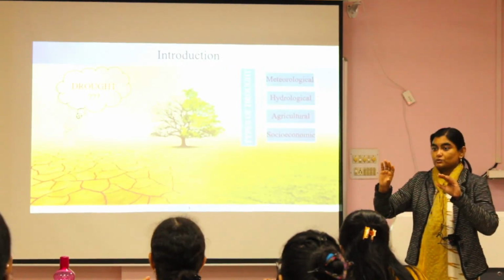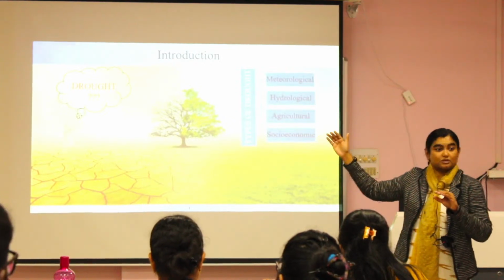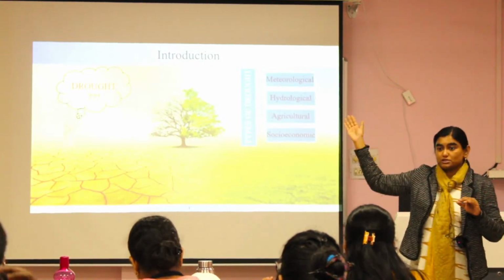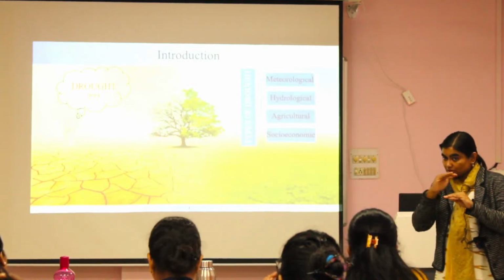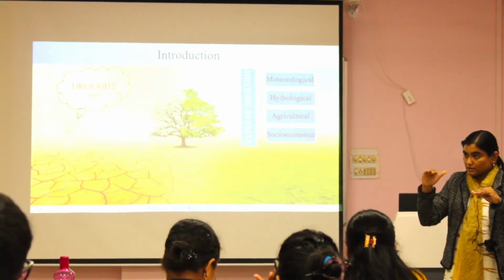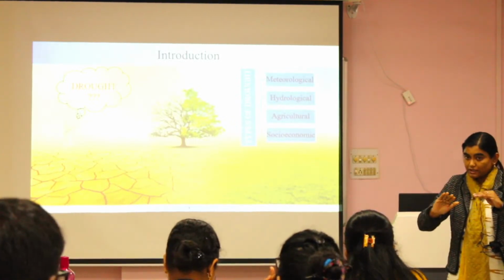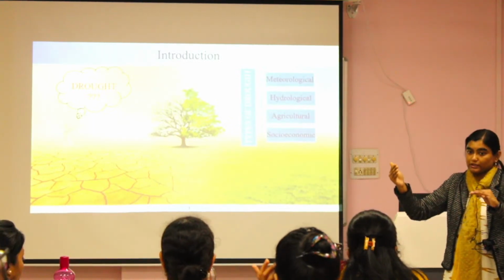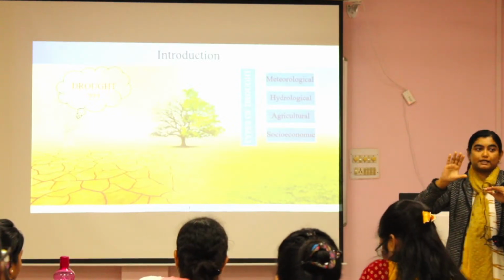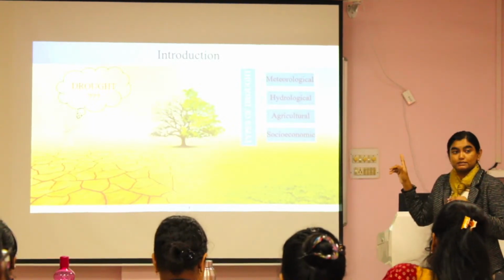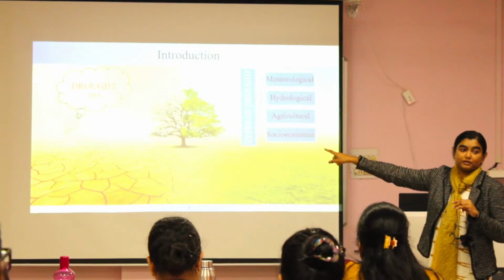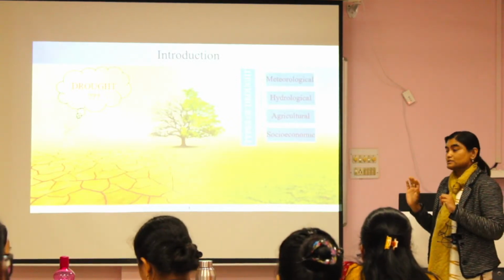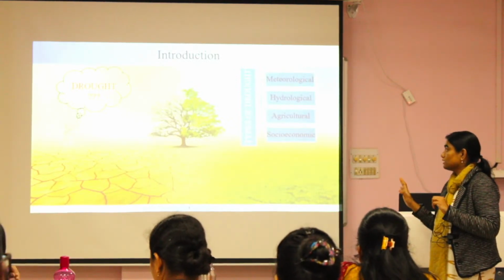Some values may be in the extreme range, which means extreme situations. Some cutoff can be there which tells us the difference between a normal condition and an abnormally dry or abnormally wet condition. So there are categories for drought indices which will help us to study drought. So this is the basic idea about drought.